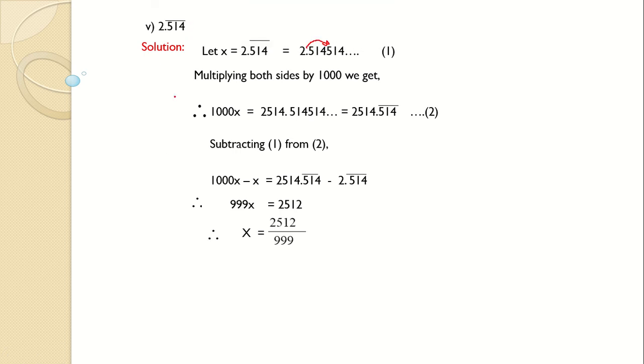And x is what? 2.514 bar is equal to 2512 upon 999. You can put this in the box.